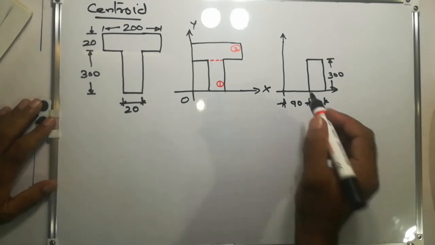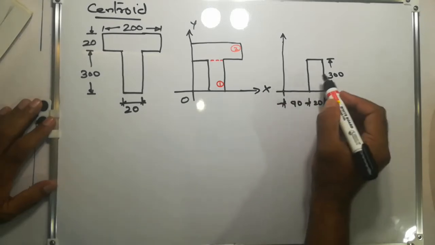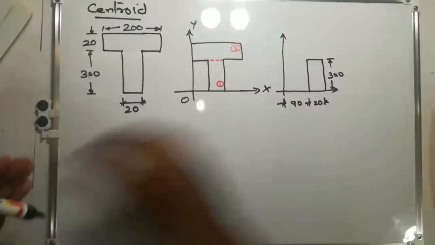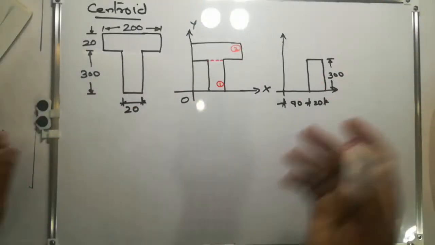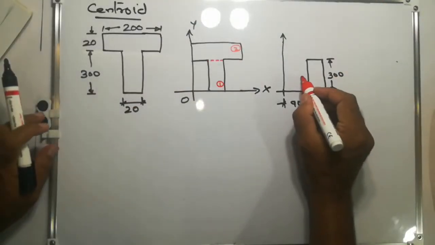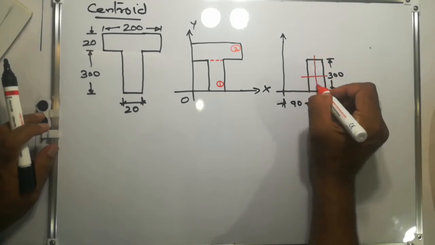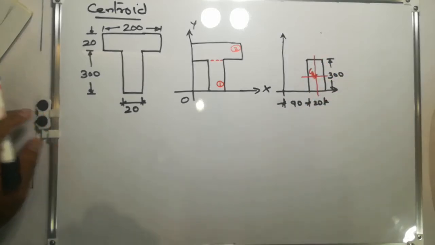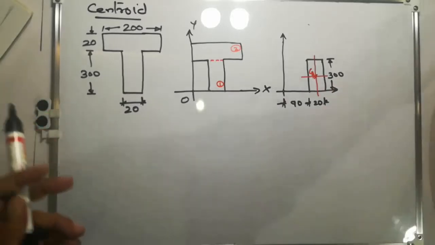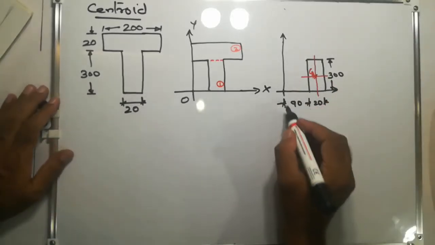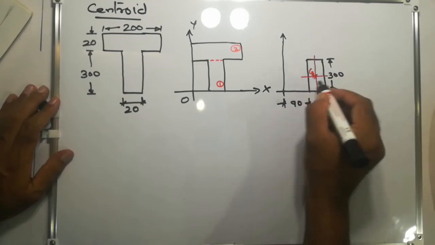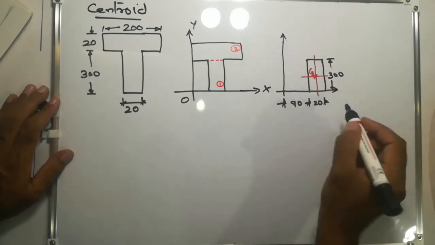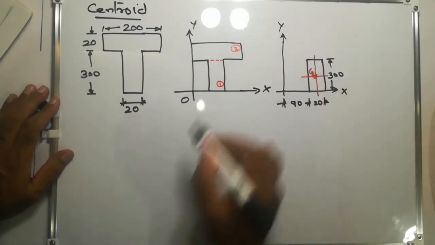Then what will be the centroid of this rectangle? Its own centroid will be its geometrical center, say G1, and we need the distance of the centroid from the reference axes x and y.